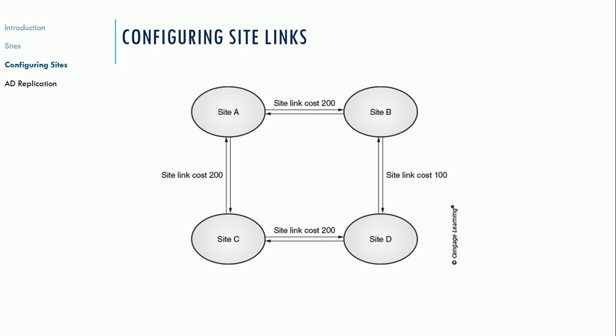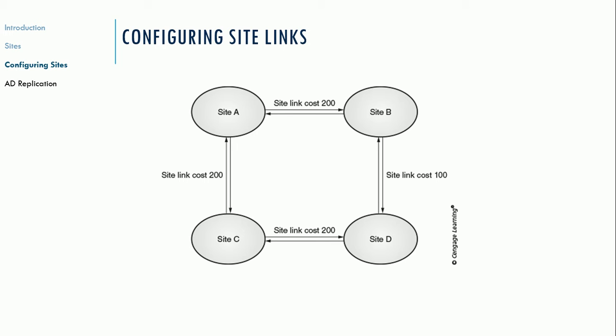For example, I might have 4 sites, and I could define various site links. Here in this example, we have 3 site links that have a metric of 200, and one that has a cost of 100, the one between site B and site D. So Active Directory might determine that it makes more sense to replicate between site B and site D by going through A and C. So A and C would replicate to B and C, and there would be less frequent updates between B and D directly.